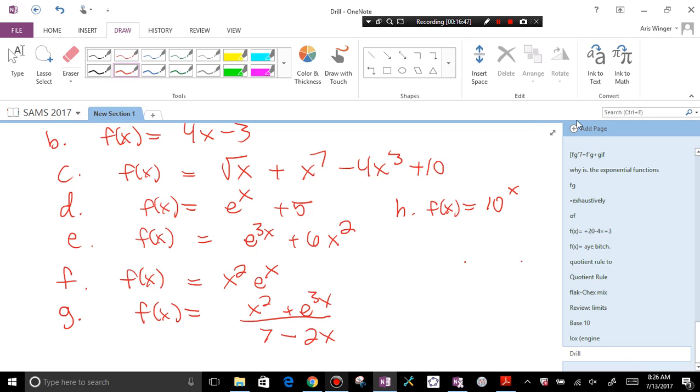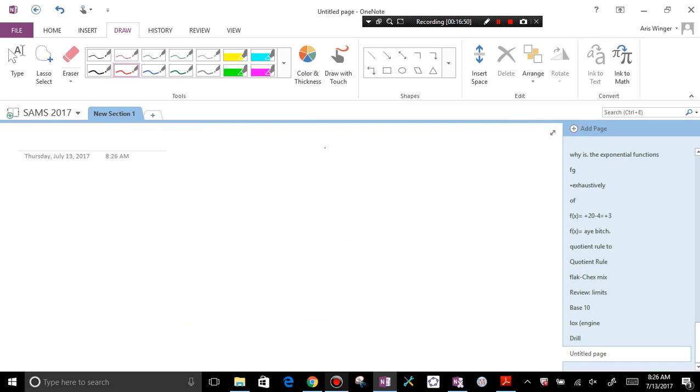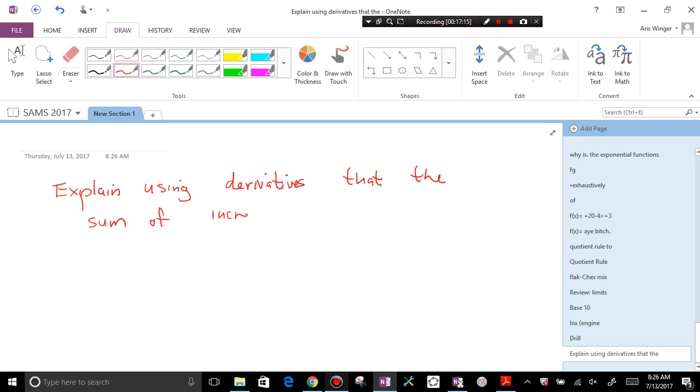All right, so some conceptual questions I might ask would be something like, here's some ones I've asked in the past. Explain using derivatives that the sum of increasing functions is increasing.